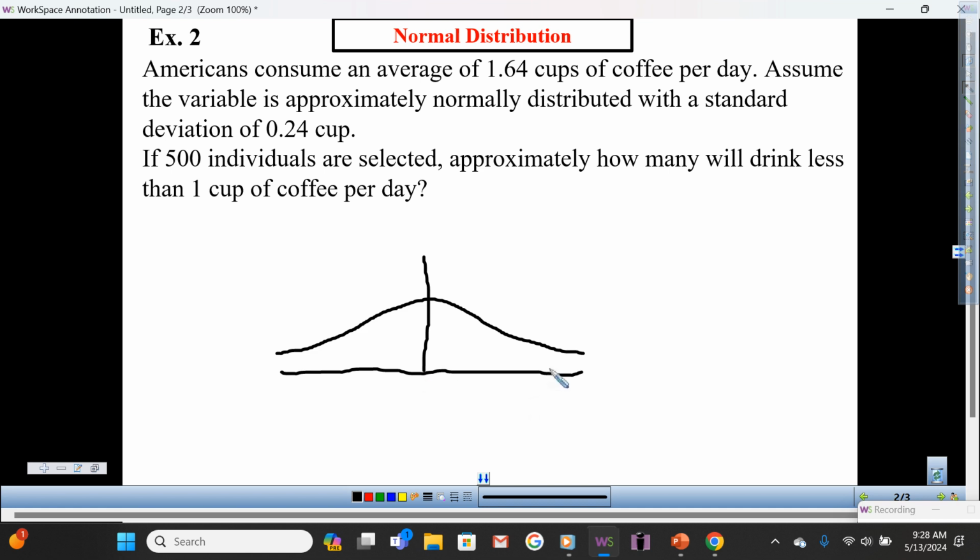Chelsea, give us one label. 1.64 is mu. Okay, I'll go with that. So I'll put 1.64 as mu.